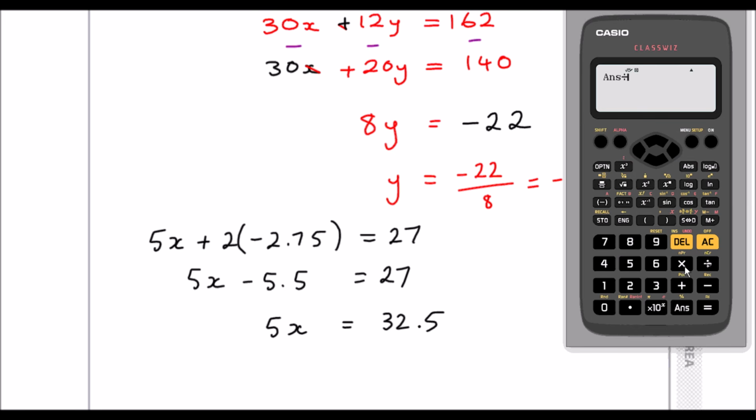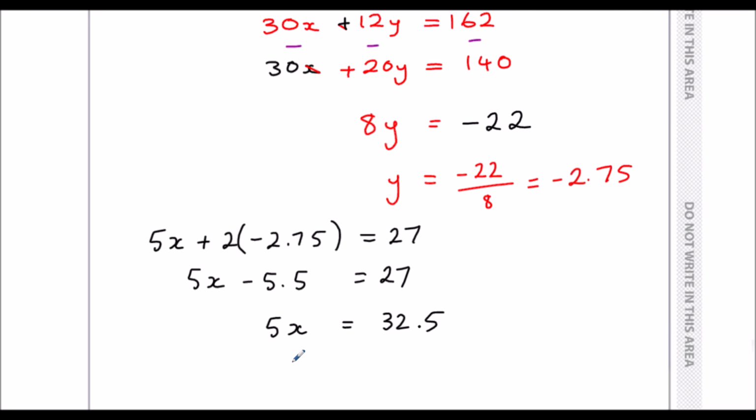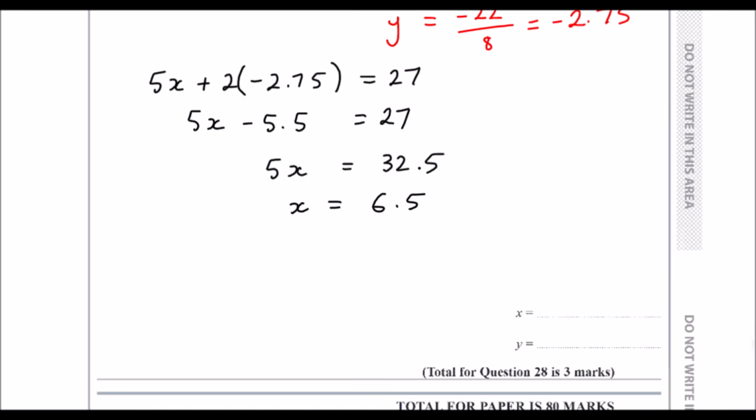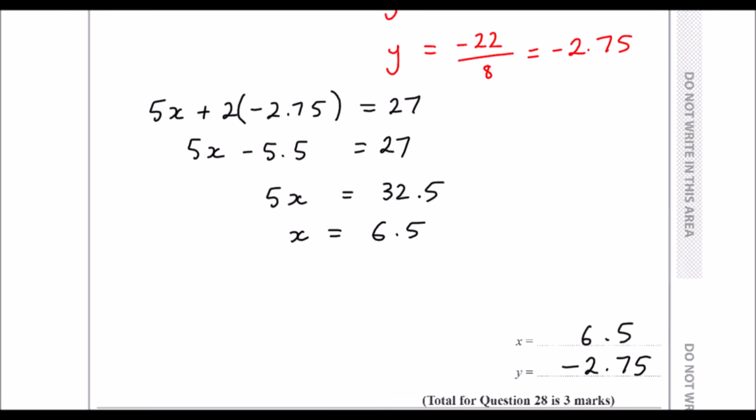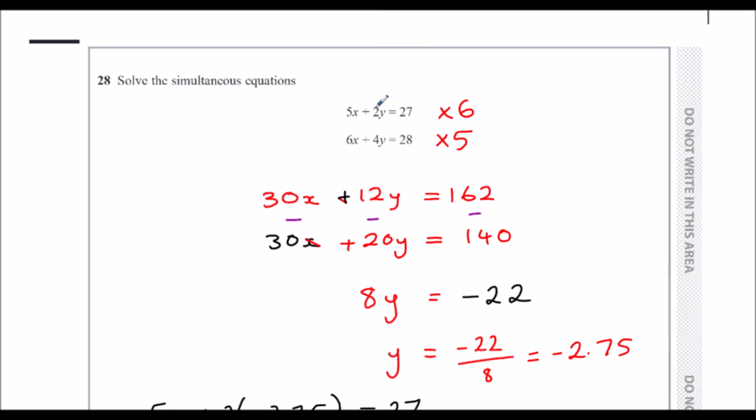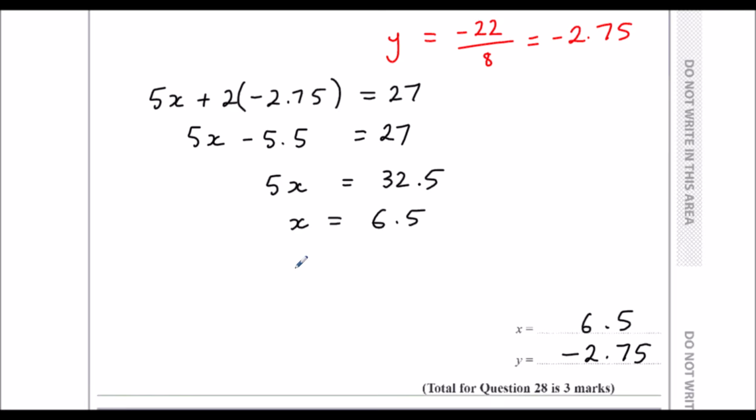To get x by itself, divide both sides by 5, which gets me 6.5. So x is 6.5 and y is minus 2.75. If you work it out differently by making the y's the same, you should still get the same answer. So x is 6.5, y is negative 2.75.